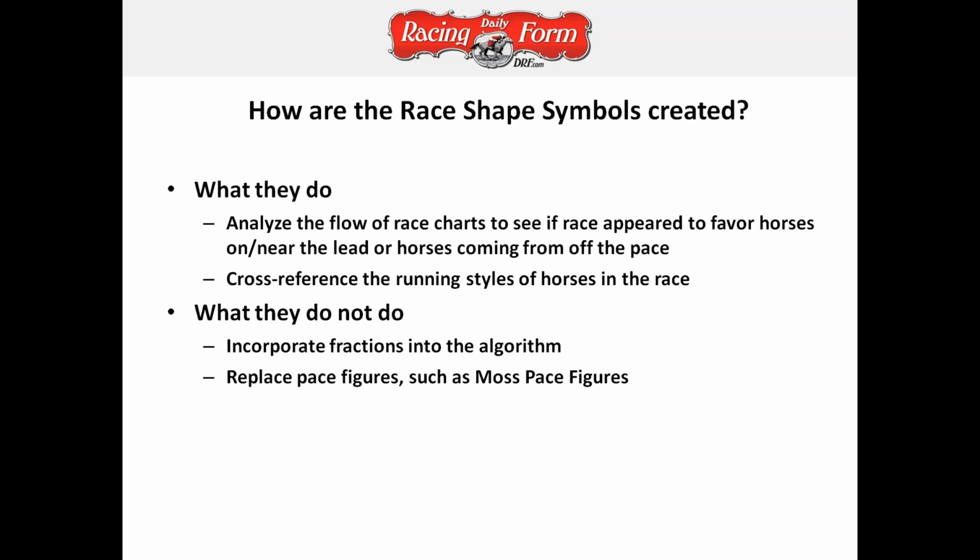This was tested and tweaked and analyzed and changed and really labored over before there was a decision that, okay, we feel good about these results and we want to add them to the past performances. Yes, the labels were only added since 2015, but it goes back and looks at races at least 5 years back.